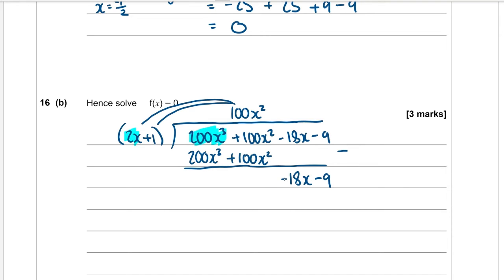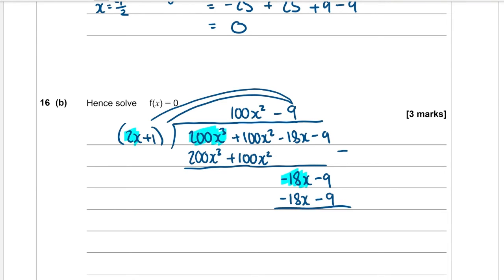So now minus 18 becomes my lead term. So I need to divide minus 18x by 2x, and that gives me minus 9. I then multiply minus 9 by 2x plus 1, and I get minus 18x minus 9, and because 2x plus 1 is a factor, I should always get 0 remainder.